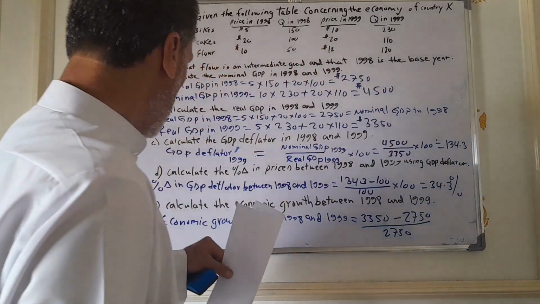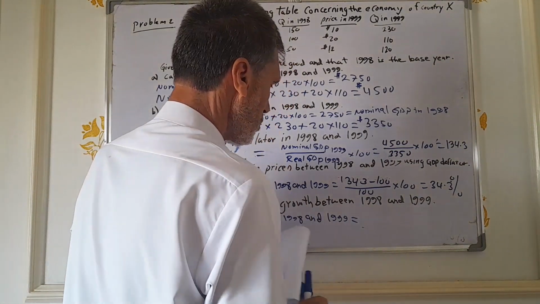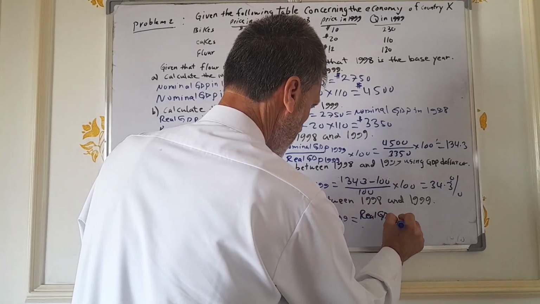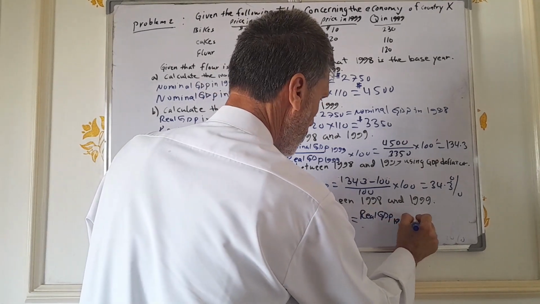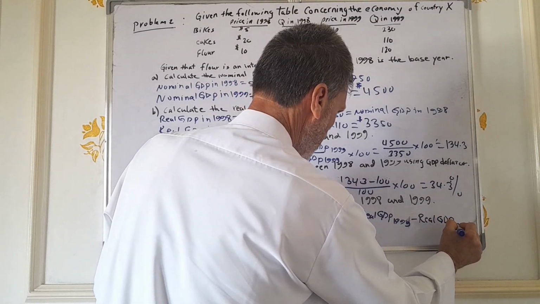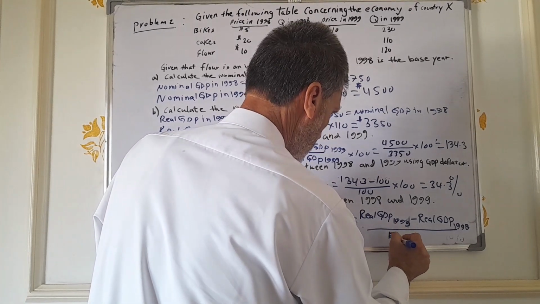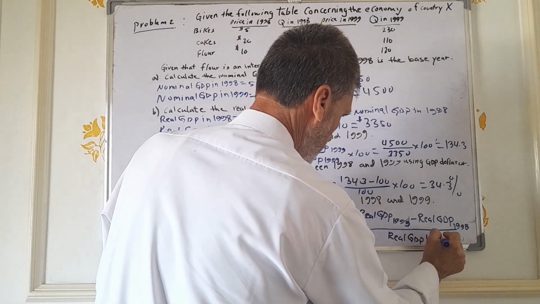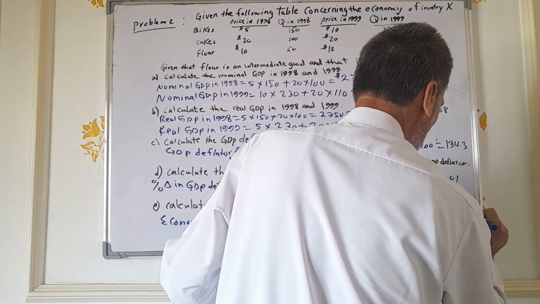Let me basically write the formula first. It's better. So it's going to equal real GDP 1999 minus real GDP 1998 over real GDP 1998, and don't forget here times 100.